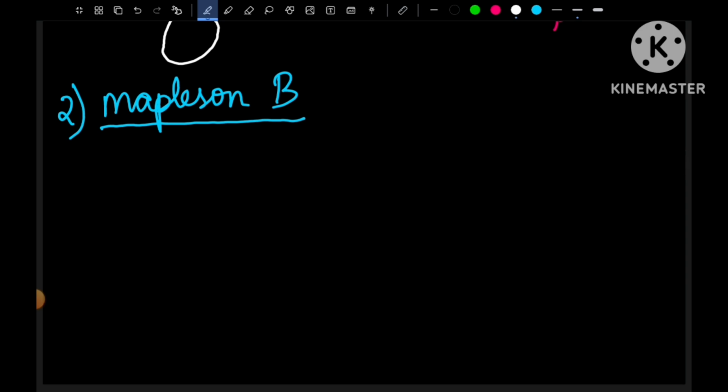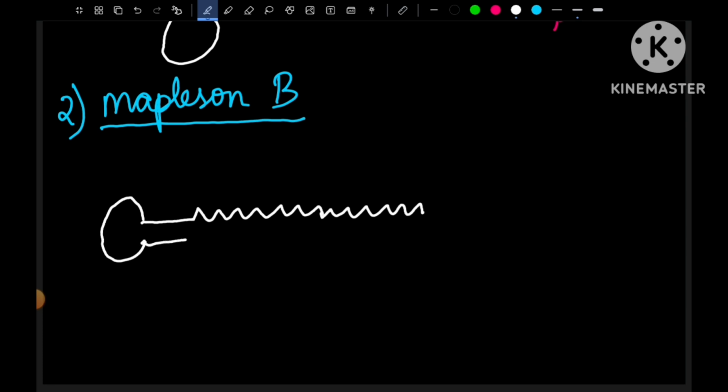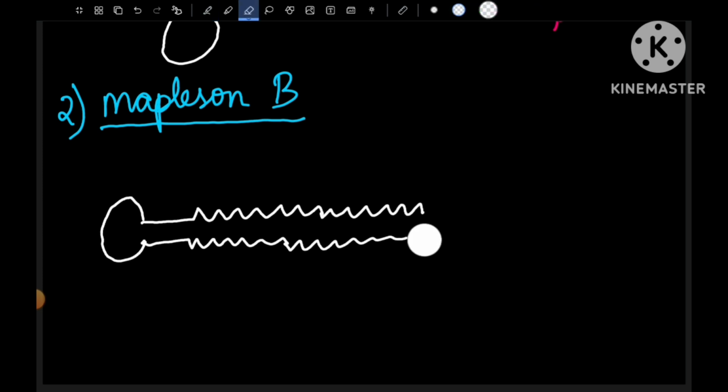Yeah, if you can see Mapleson B. A little slippery, but it's good.